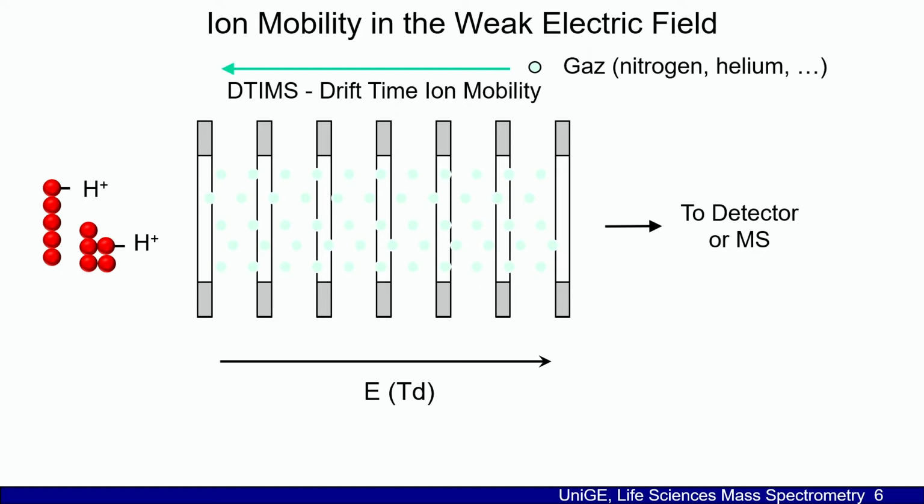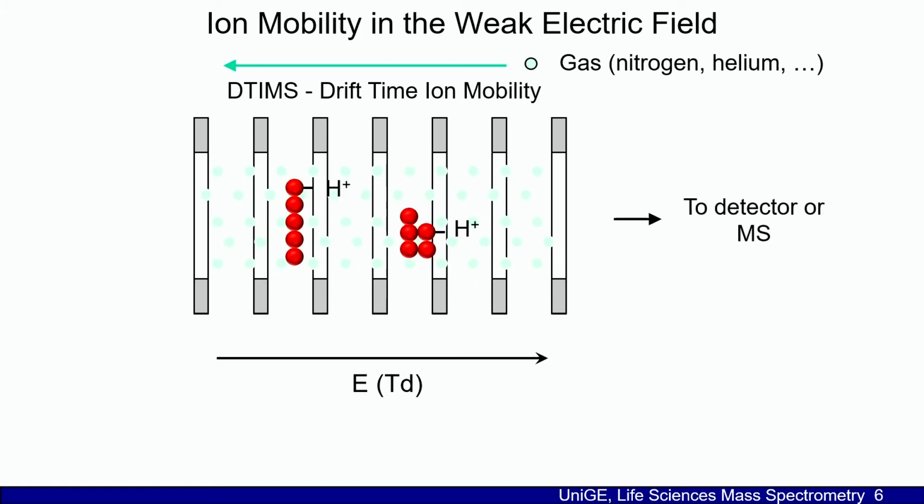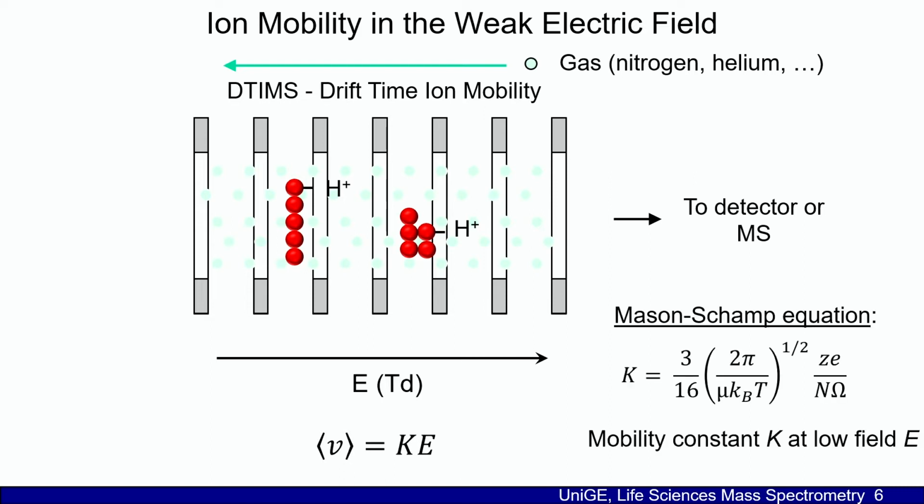The ions coming into the drift region experience different average velocities, proportional to the electric field. The proportionality constant K is well described by the Mason-Schamp equation, which shows the correlation between reduced mass, charge, and collisional cross-section, which tells about the shape of the ion.